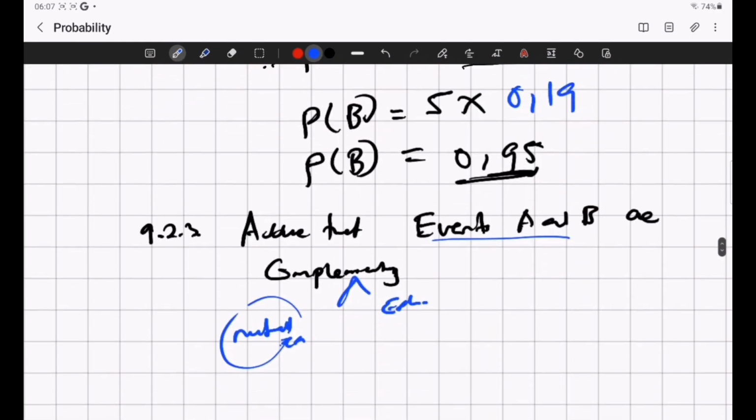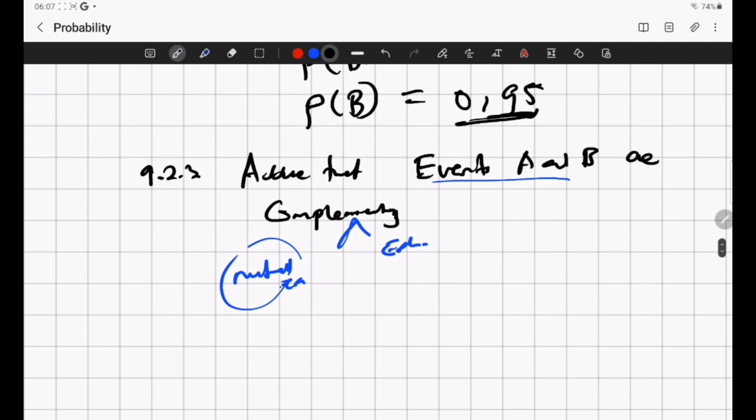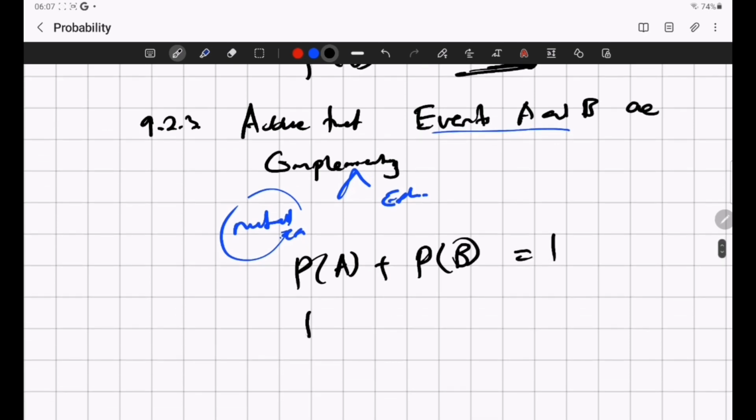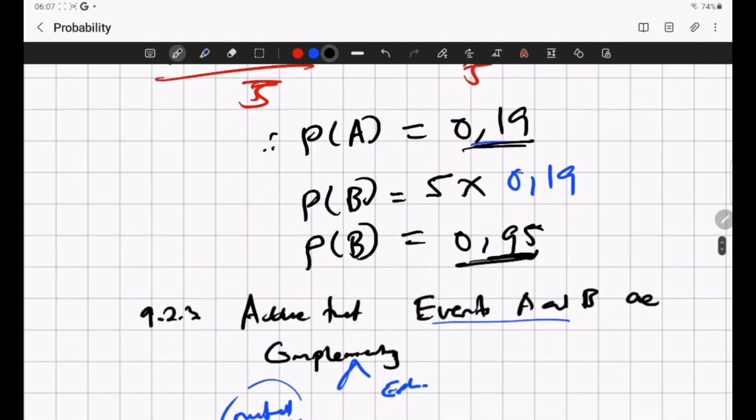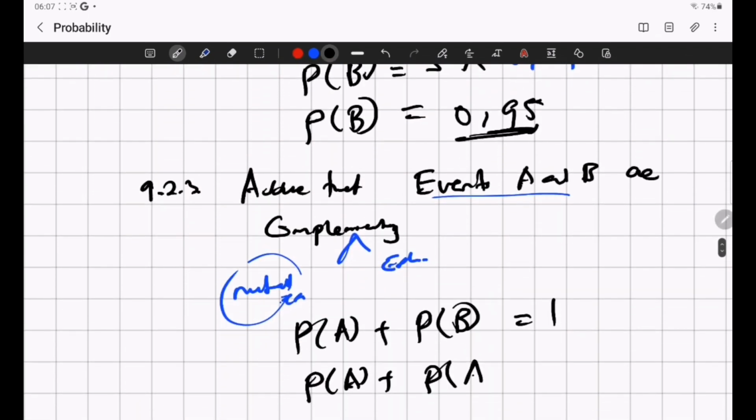So we would say probability of A plus probability of B is equal to 1. It's the same thing, probability of A plus probability of not A, which you could put as A prime if you like, is equal to 1.